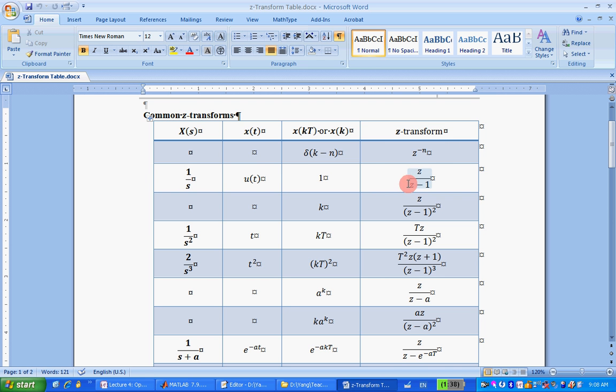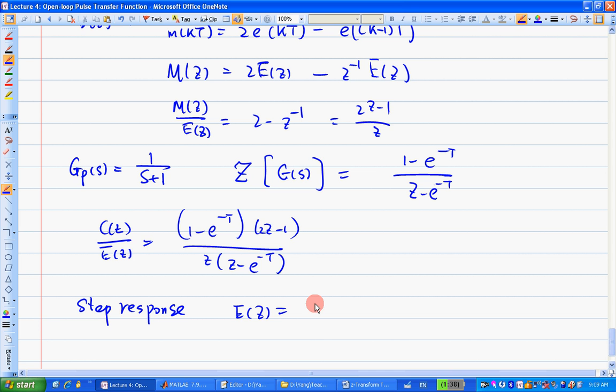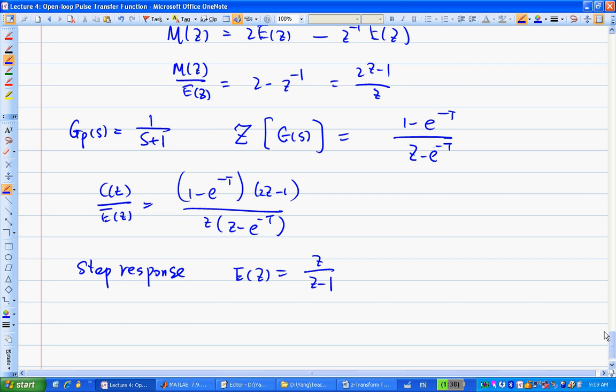It's this, right? So you plug this in here, and if this is the input, then the output will simply be C of Z equal to this multiplied by E of Z, right?